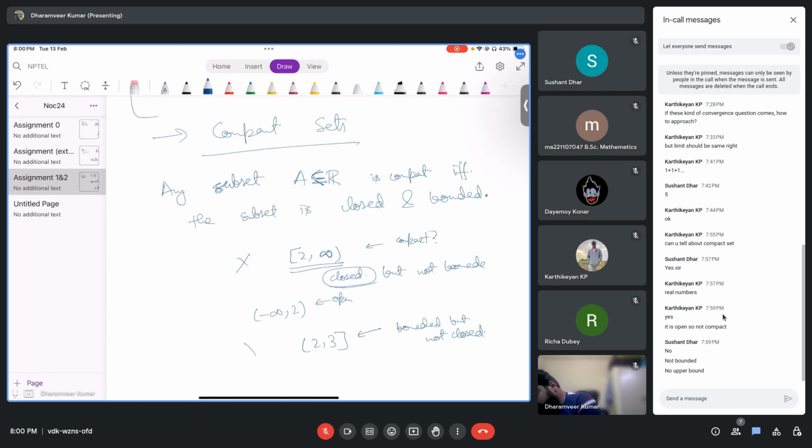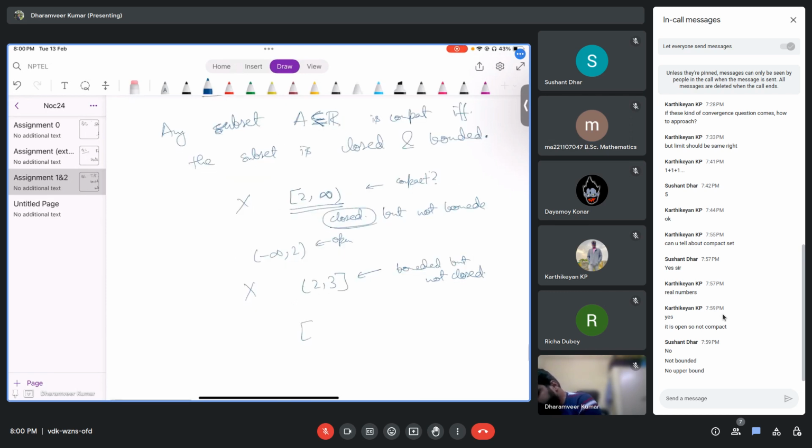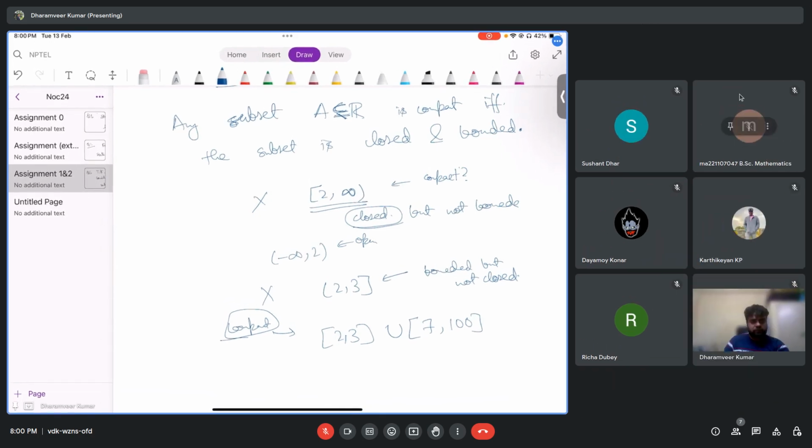Both are non-compact. 2, 3 union 7, 10 is compact. They are closed and bounded. Yeah, very good, Sushant. But this was not upper bounded. Is this clear?